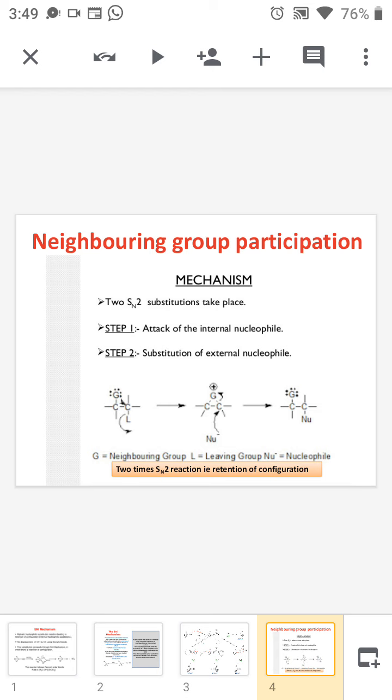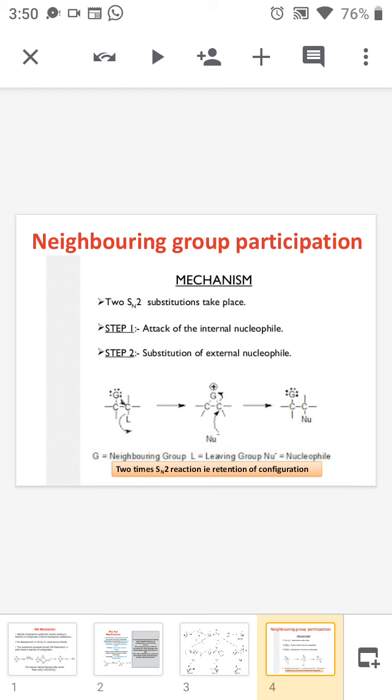Now we are moving into the mechanism. In the first step, the attack of the internal nucleophile, that is the group having the lone pair of electrons, I have shown by the letter G. So G is our internal nucleophile, having the lone pair of electrons, and L is represented by the leaving group, which is a best leaving group.